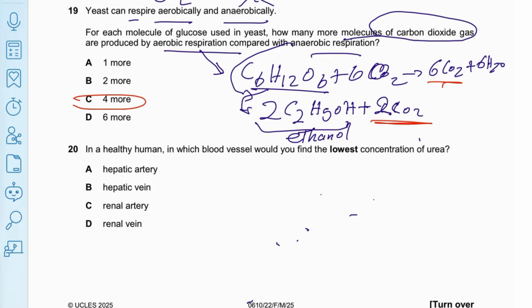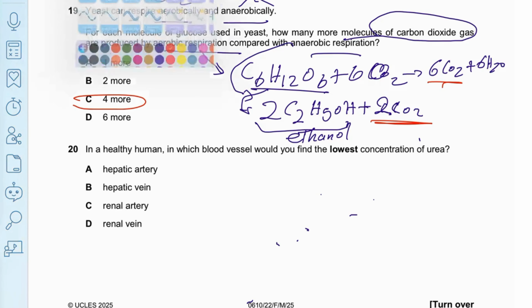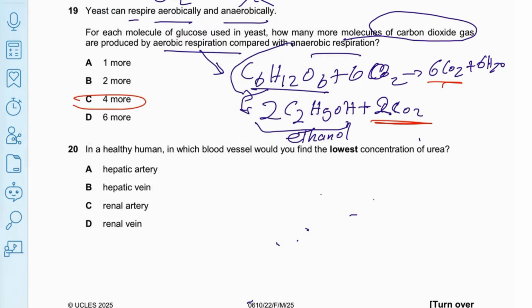20. In a healthy human, in which blood vessels would you find the lowest concentration of urea? This is the kidney. What's going in, what's going out, what's going to the ureter, to the bladder.